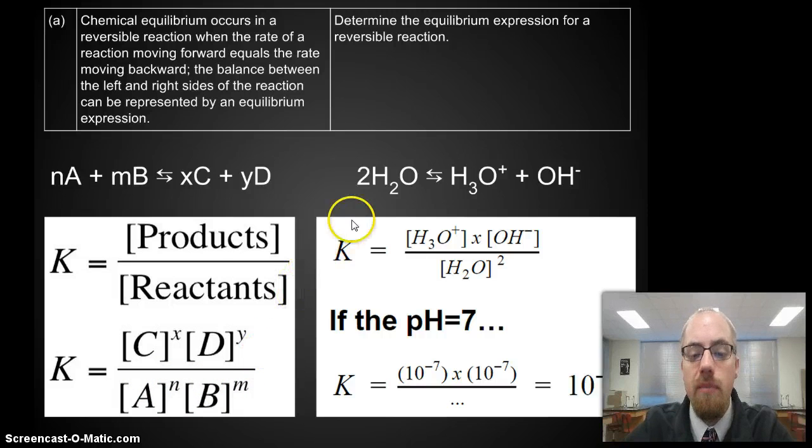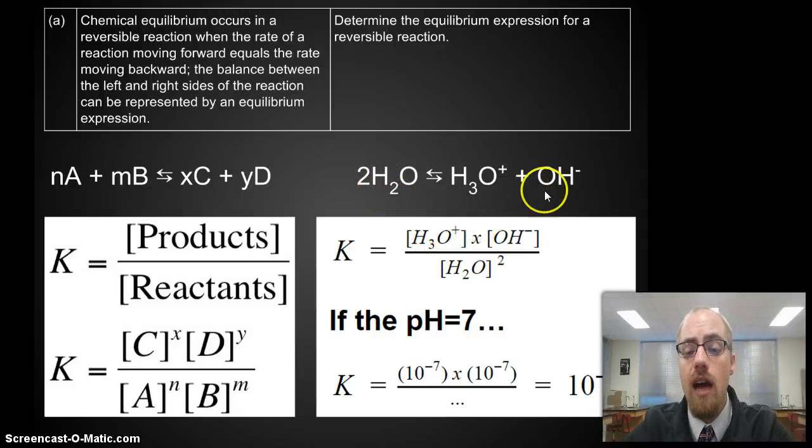So let's say, for example, in the pH reaction, there is a balance. One of the things we said is that water continually goes through this reaction where one hydrogen will leave a water molecule and form a molecule of hydronium and a molecule of hydroxide. And so we can express the equilibrium in this reversible reaction because it goes in both directions. The hydronium and hydroxide can make water again.